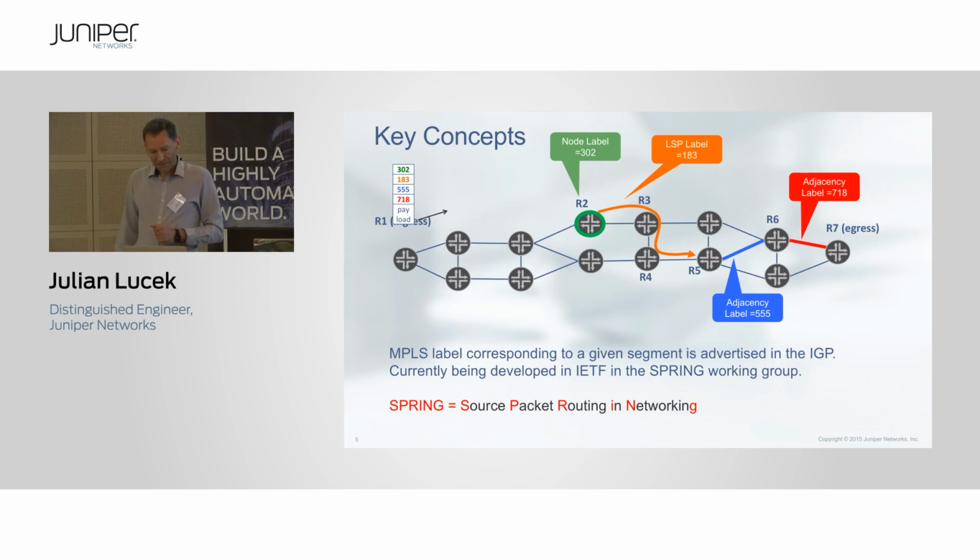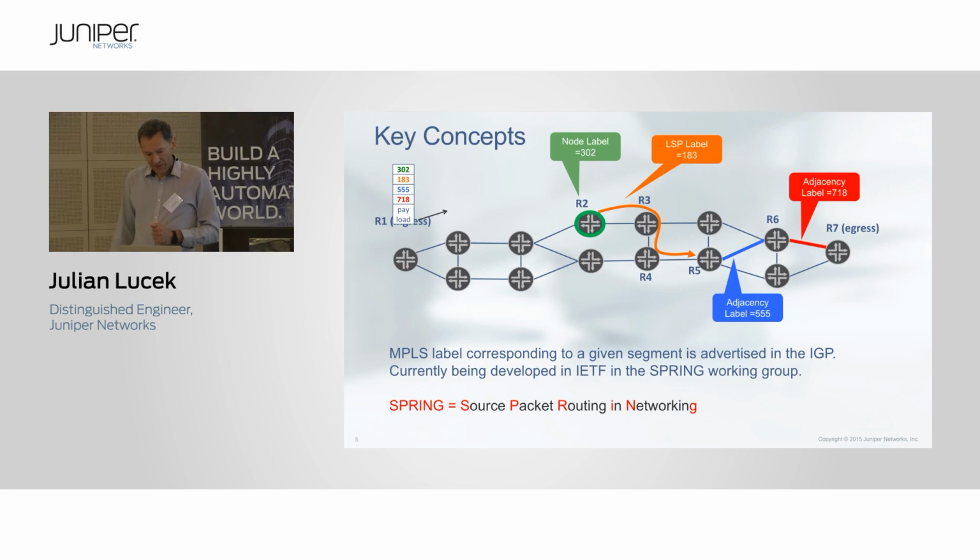When the packet arrives at R2, it places it onto the orange LSP. And the reason why it does that is that the next label in the label stack that R1 had put onto the packet was label value 183 that R2 had advertised as being associated with this orange traffic engineered path.